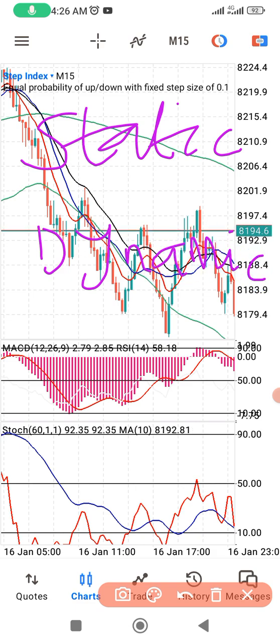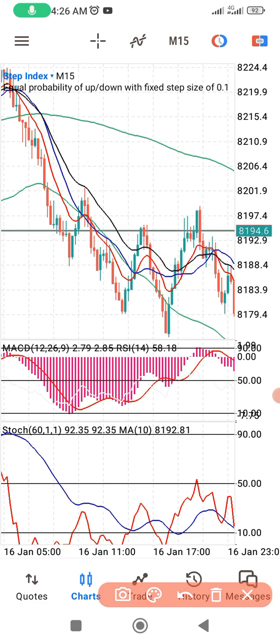Okay, two major types of liquidity. One, we have the static liquidity. Two, we have the dynamic liquidity. So when we talk about static liquidity, what are we referring to?